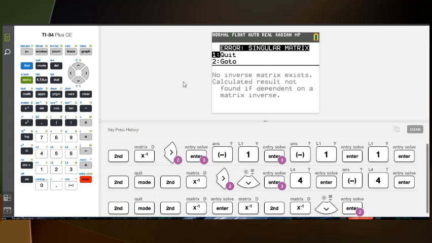And so if it doesn't have an inverse, there is no solution to this system of equations. How about that? No solution. If we cannot build the matrix, if we do not have an inverse of the coefficient matrix, there in fact is no solution to that system of equations.